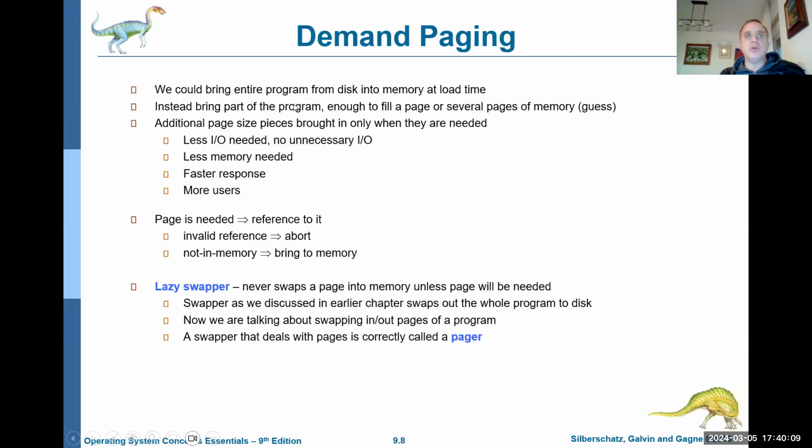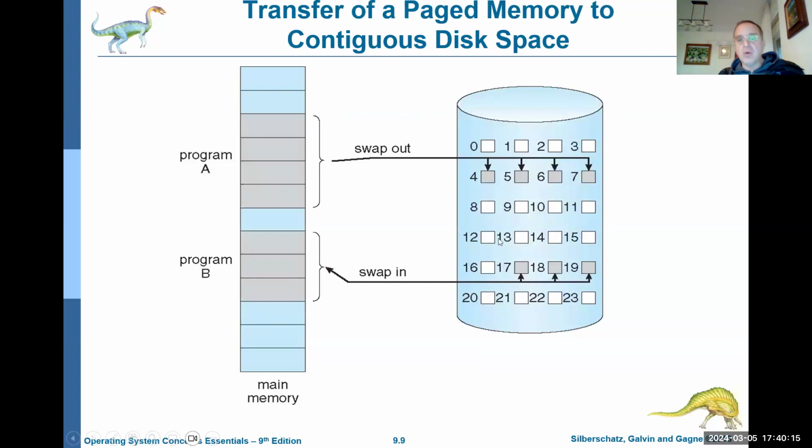So with demand paging, we could bring the entire program from disk into memory at load time. Let's say program B is these 3 pages. We take the whole program from disk and put it into memory, and now we can run it. That would be one possibility.